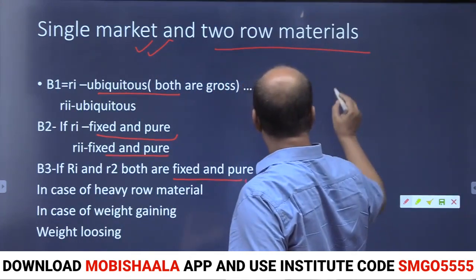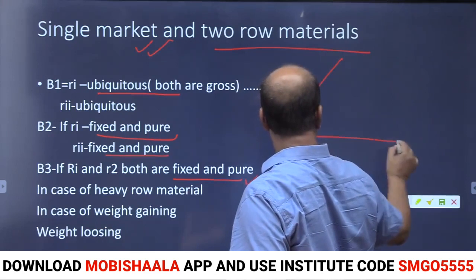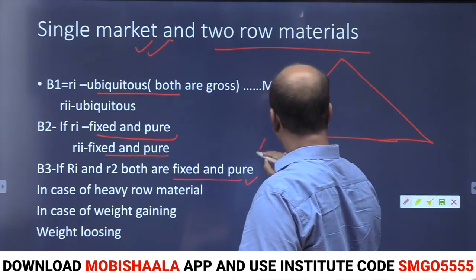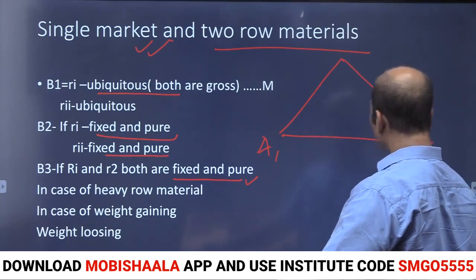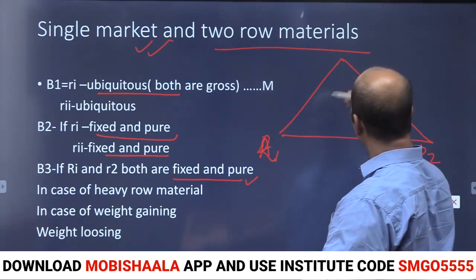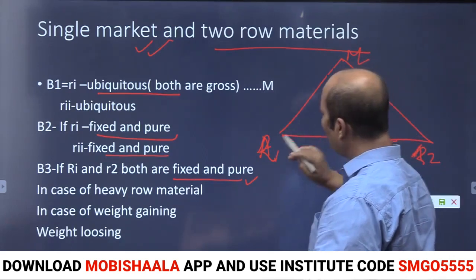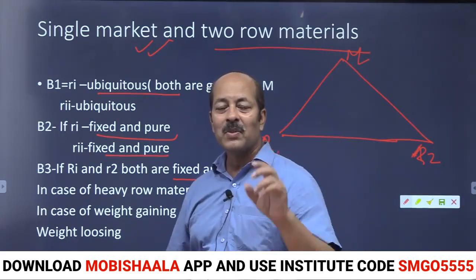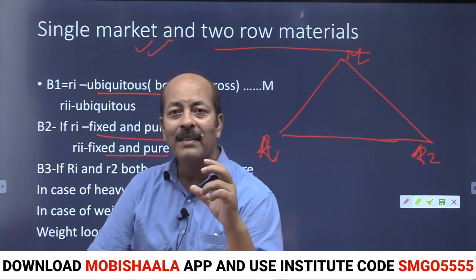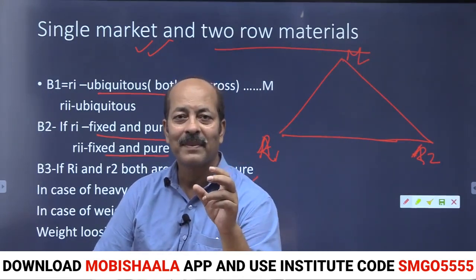Suppose you have two raw materials, raw material 1, raw material 2, R1, R2 you can write. You have this market area. Now we have to find out the proper location of the industry. So in that sense, there will be a triangular location, right?